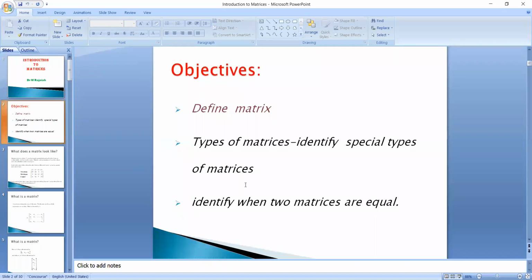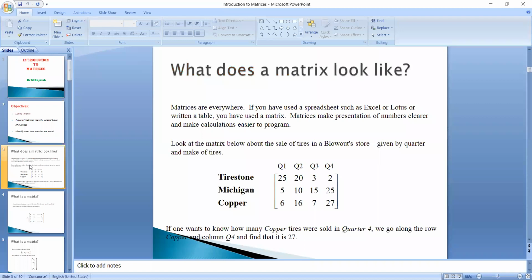This is about the introduction of matrices: define a matrix, types of matrices, identify special types of matrices, identify when two matrices are equal. This is already known to you. These matrices have many applications in the engineering and research field. What does a matrix look like? Matrices are everywhere.